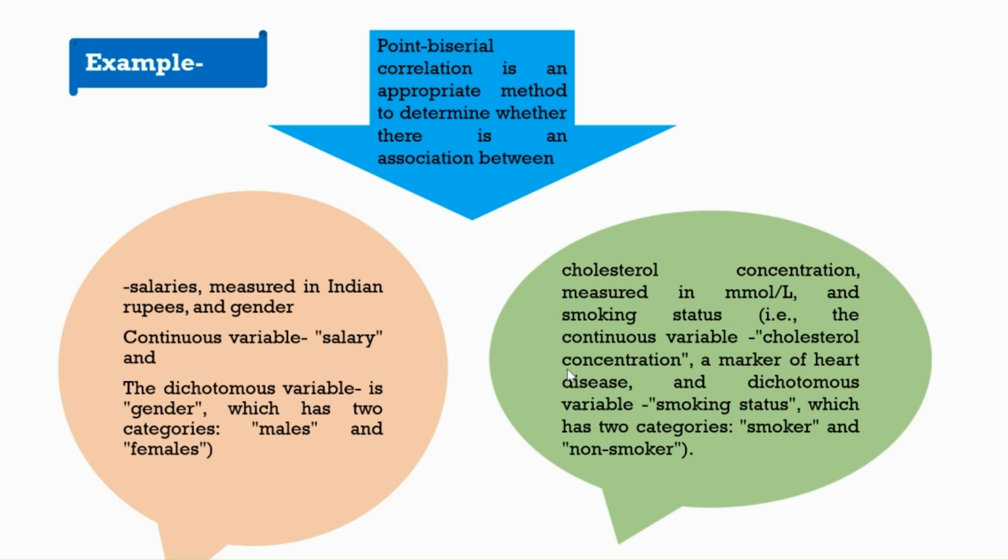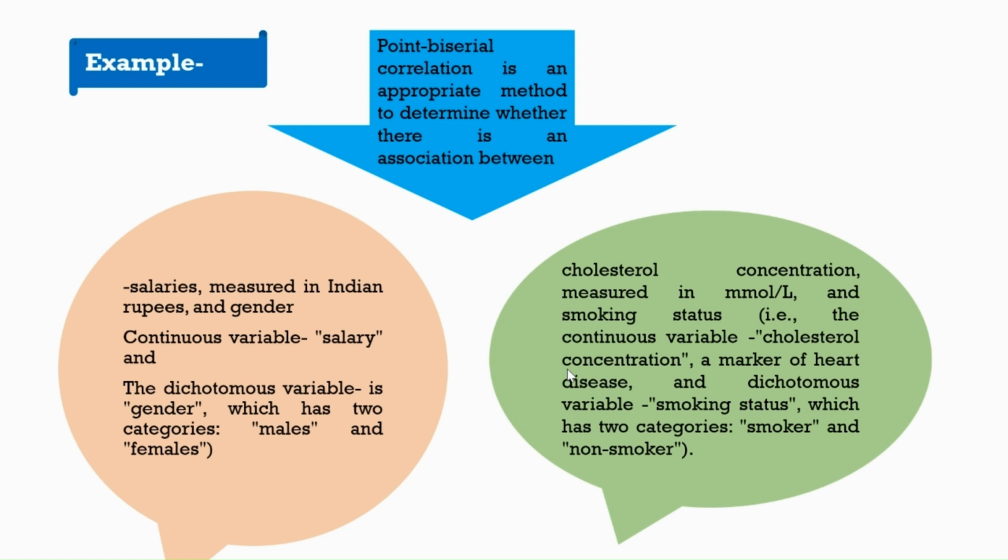The continuous variable is salary, and the dichotomous variable is gender, the second variable, which has two categories, males and females. In this case, point biserial correlation is an appropriate method.